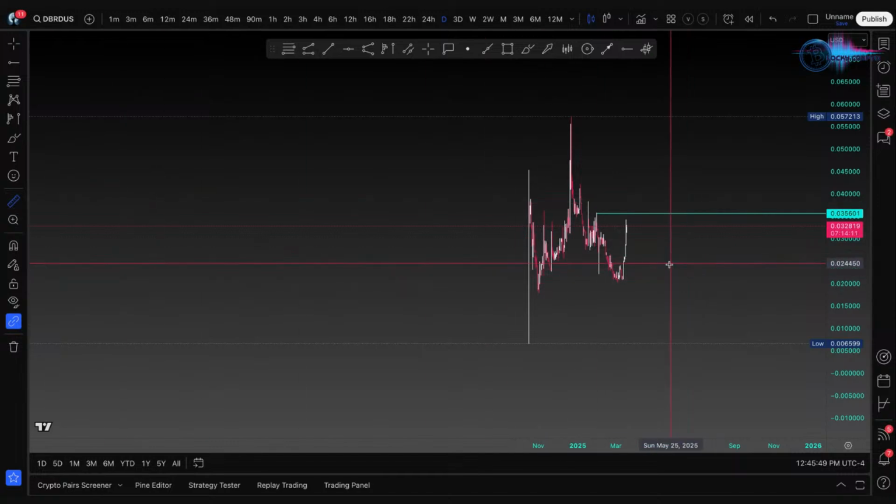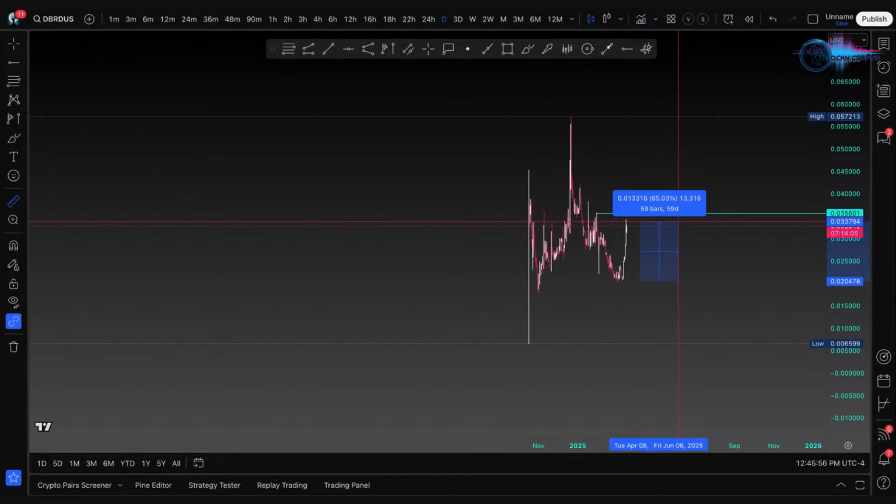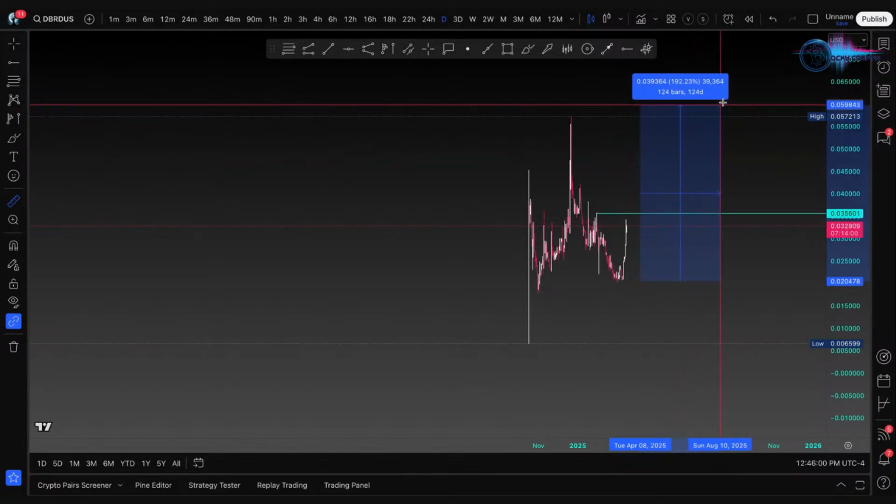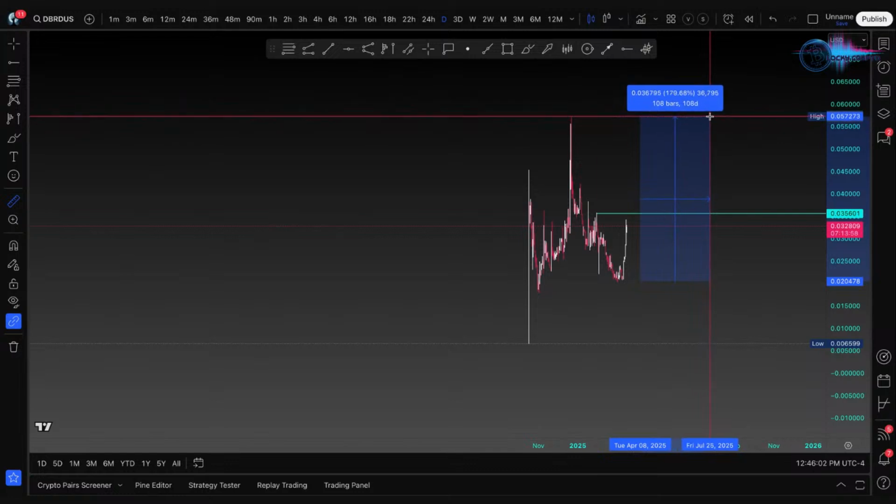So in retrospect, it's back up 65%. So this thing would need to double that to go back to its all-time high. Yeah, I got barely any of it though.